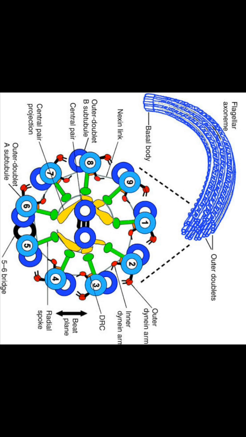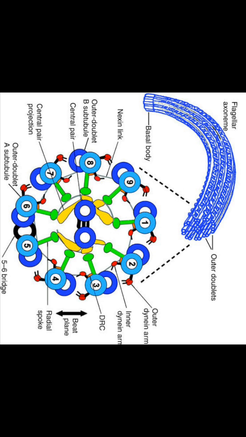Next, thus there are 9 radial spokes present. So from each doublet, how many spokes are emerging? 1. So 9 doublets and 9 radial spokes are present. From any one of the microtubules of the doublet, a radial spoke is emerging and extending towards the central sheath. Next, the peripheral doublets are also interconnected by linkers.